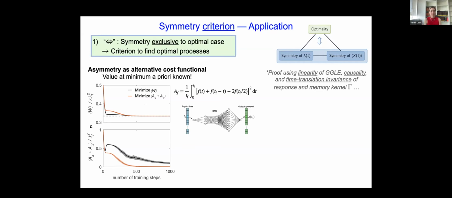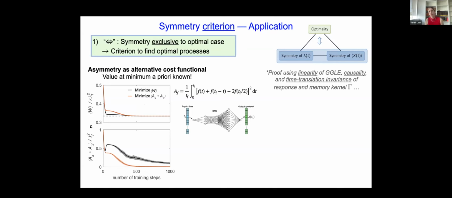So you know if it's completely symmetric, you have to be optimal. If you optimize for work, you never know if you have quite reached the global minimum. And we have demonstrated that by training a machine learning network, a deep neural network, to optimize for symmetry instead of optimizing for work. And in both cases, they find the same solution, just as a proof of concept.